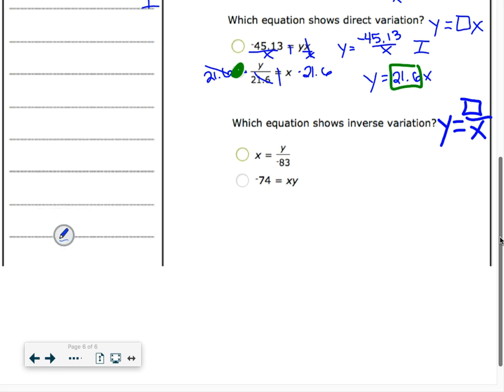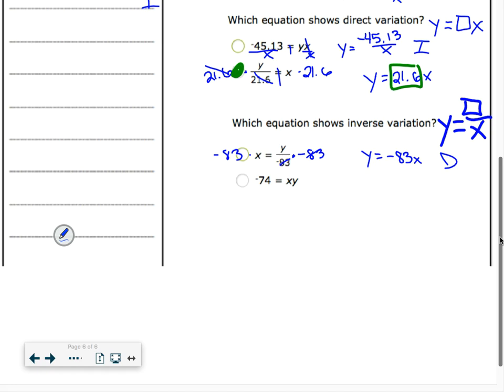I need y alone. So I'm going to get rid of this negative 83 on the bottom by timesing both sides by 83. That cancels that out. And I get y equals negative 83x. That's direct. I'm timesing by x. Timesing by x is direct.